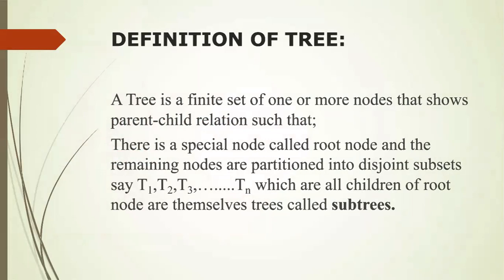The remaining nodes are partitioned into disjoint subsets, that is T1, T2, T3, and so on till Tn, such that n should be greater than or equal to 0. All the children of the root node are themselves called subtrees.